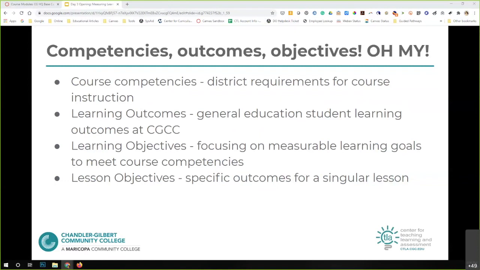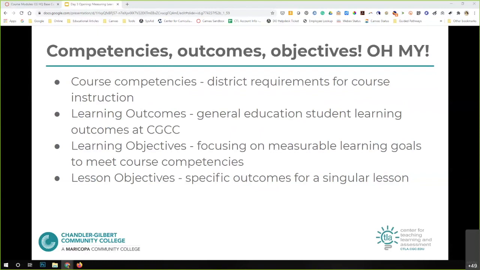Learning outcomes is another term that you're going to hear frequently at Chandler Gilbert. And we usually at Chandler Gilbert talk about learning outcomes when we talk about those general education student learning outcomes at Chandler Gilbert. So you might be familiar with SLOAC. You may have been using Canvas rubrics already to score those general education student learning outcomes, such as communication or critical thinking.